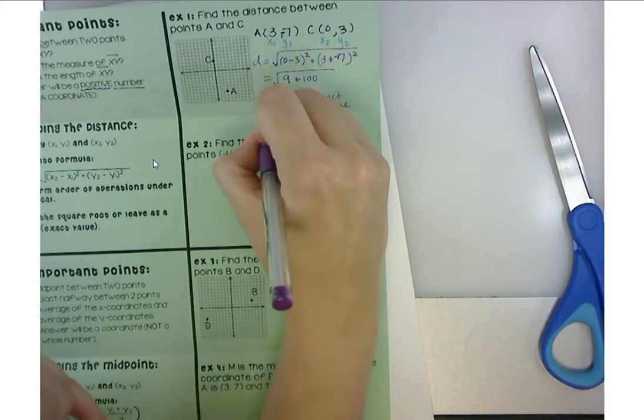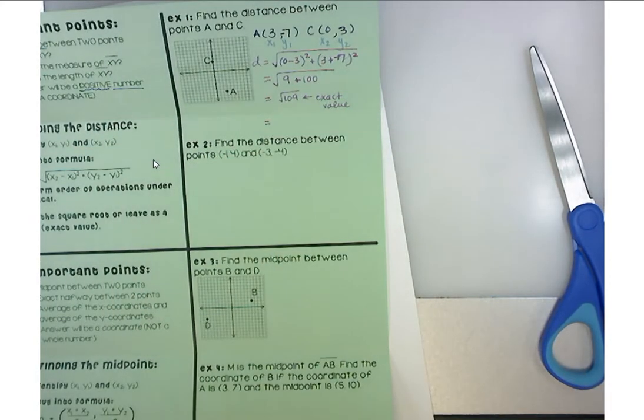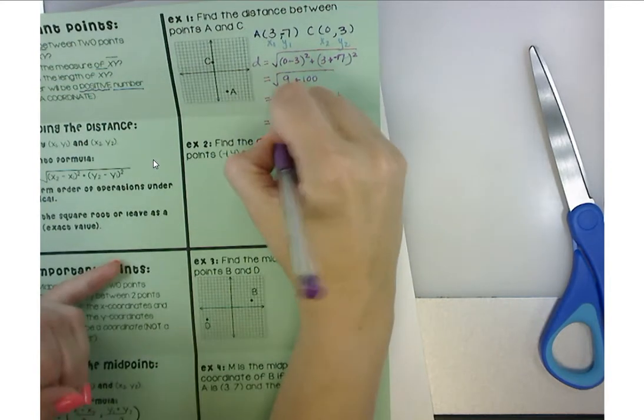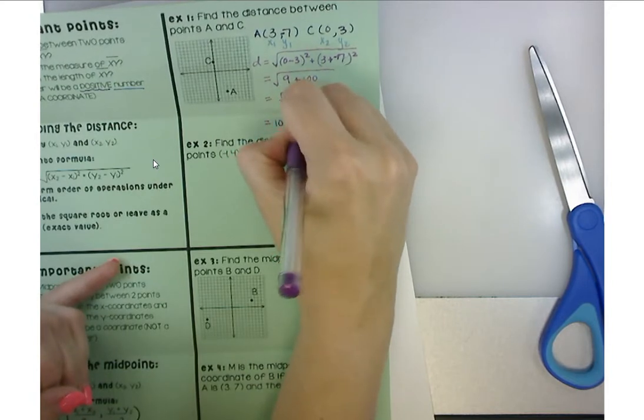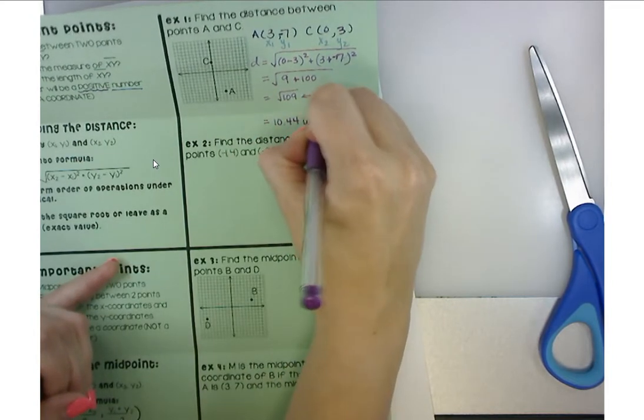Okay, and then we are going to go ahead and round this. So we're going to take the square root of 109. And then we'll just round this to the nearest hundredths place like we did yesterday. Okay, so you did 10.44, and this would just be your units.